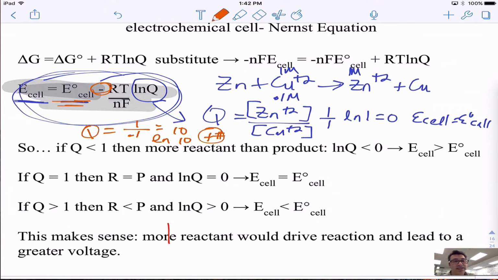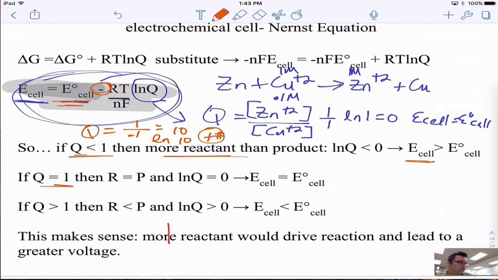And so the idea is that when you change the concentrations of the ions, and Q changes, you change the voltage. And here's the situation. If Q is less than 1, then that means that you really have more reactant than you're supposed to have. You're supposed to have 1 molar. And so this means that the reaction is going to shift to the right. And your voltage should actually be greater.